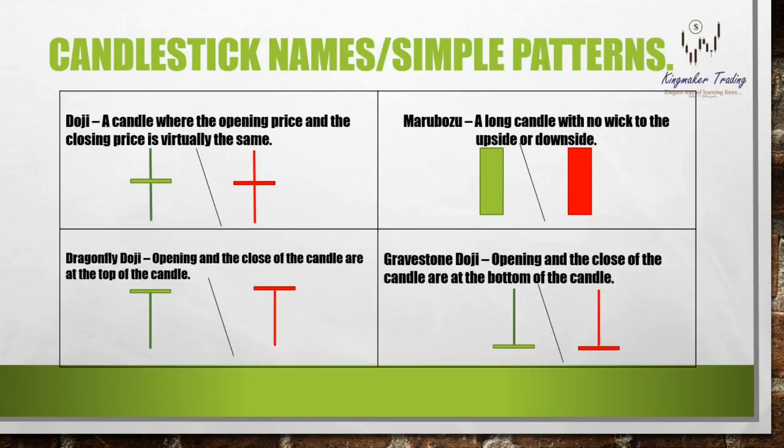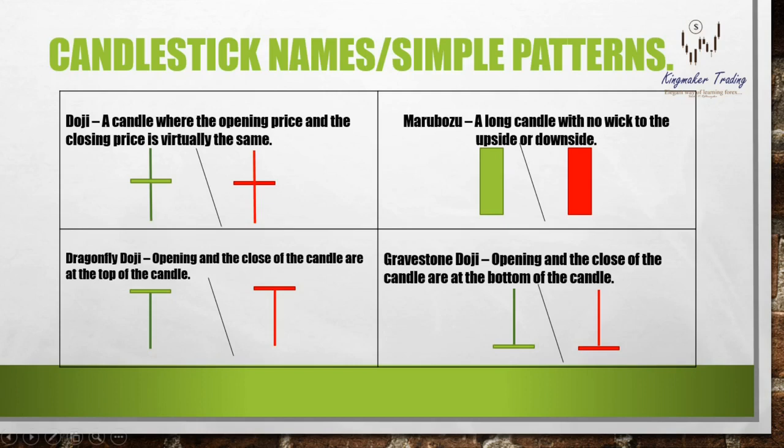These are the candlestick names, or as some people call it, the simple patterns of candlesticks. All right, let's start from this point. These candlesticks, doji candles, are candles where the opening price and the closing price are virtually the same.